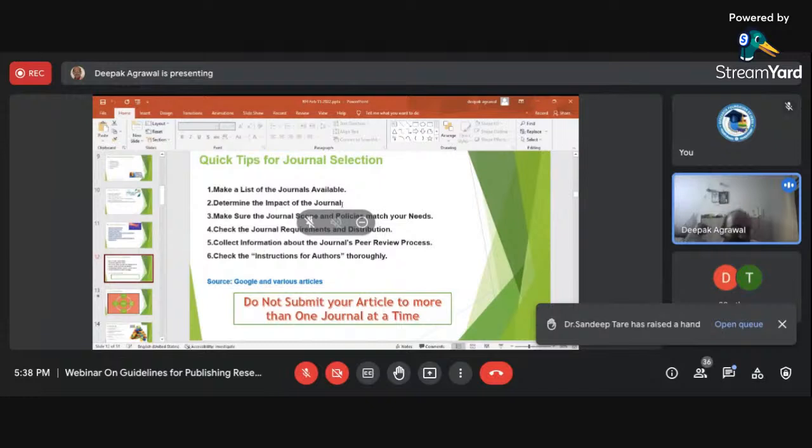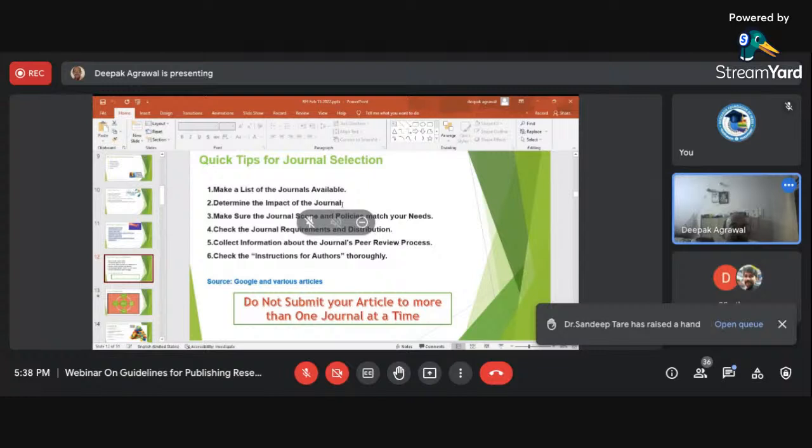In some science journals, an impact factor of 1.5 to 2 is considered very, very good. You will find a number of journals, science journals particularly, with an impact factor of less than 0.5, but they are considered good quality journals. So that is to be decided by yourself.